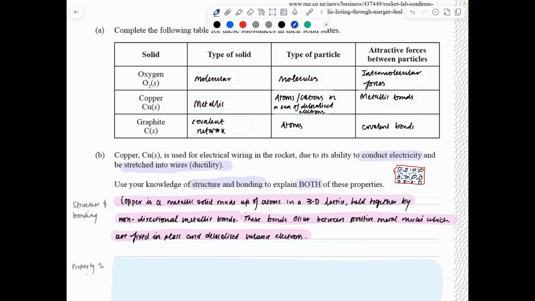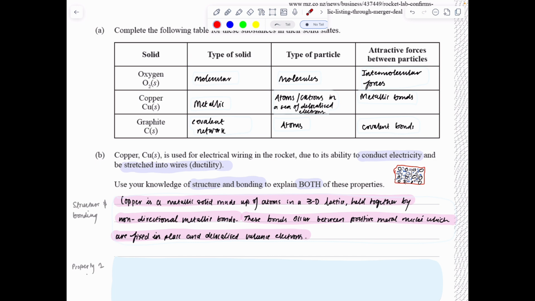Because these electrons are flowing around freely, the forces of attraction between the electrons and the positive nuclei are constantly changing. This is what makes it non-directional, because it's constantly changing, all right? Because the electrons aren't fixed.